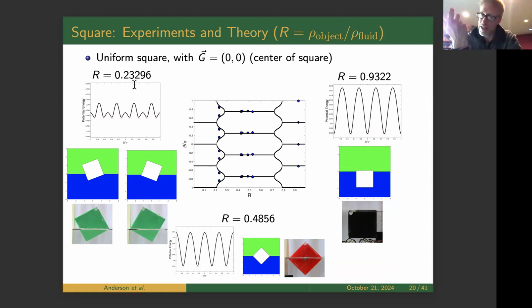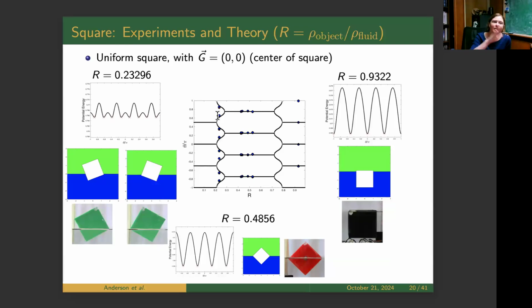So run that through 360 degrees. And then that gives us a potential energy landscape for that particular density ratio. So in this case, there are 8 local equilibrium, local minima. And so for that, in this central plot here, we go to 0.23 and then just plot those 8 orientations in this direction. So that's how those are defined.